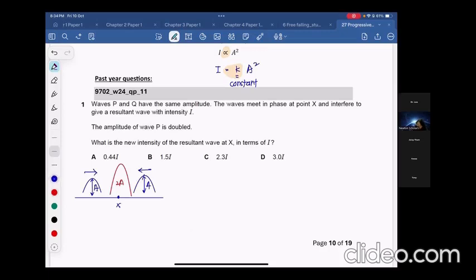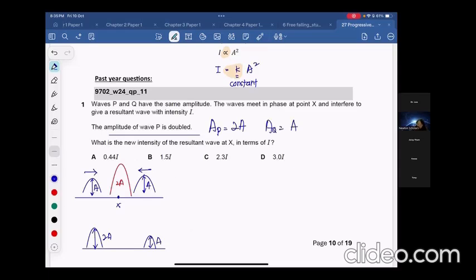So here, the question says the amplitude of wave P is doubled. Right now we have another case. P is doubled up, so P becomes 2A, then Q is only A. Roughly this is the idea.